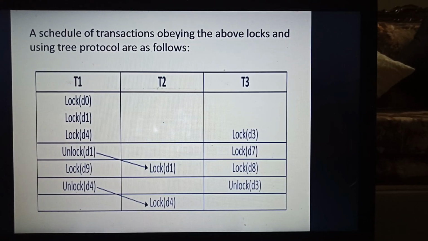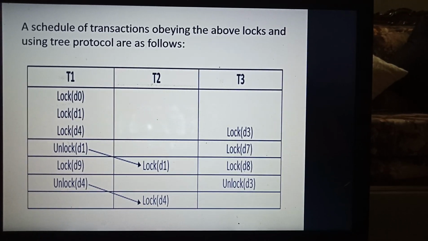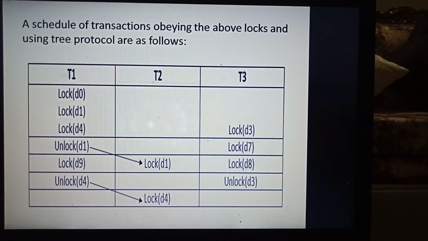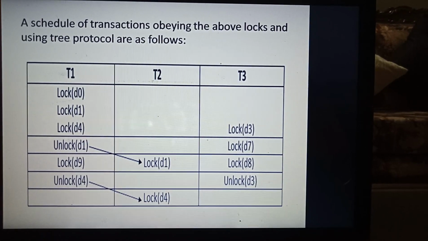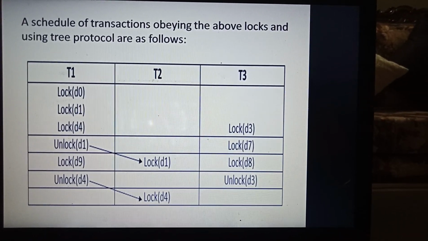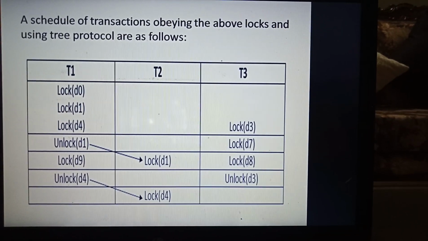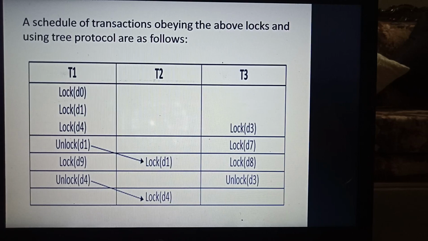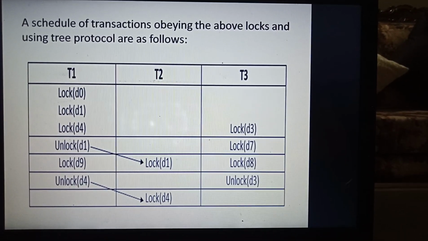Now T1 will first lock D0, D1 and D4. After that it will unlock D1 so that T2 can lock the D1 data item. After unlocking D1, T1 will again lock D9 and then unlock D4, as D4 is needed by transaction T2 also.